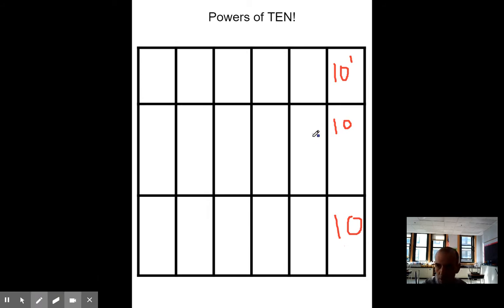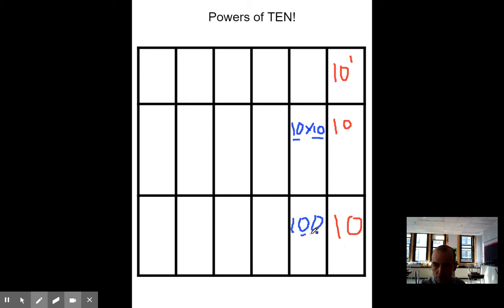But now we're going 1 over, okay? And I'm going to go up here. And let's say I have 10 times 10. Okay, what does that equal? 10 times 10. Well, we know that equals 100. All right. And then do you notice that there are two tens?